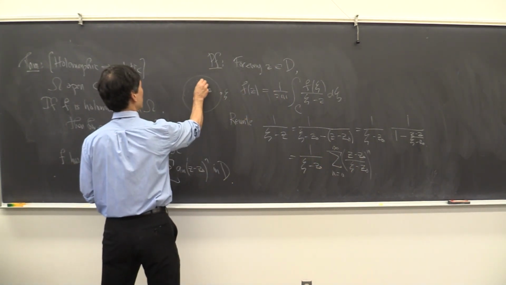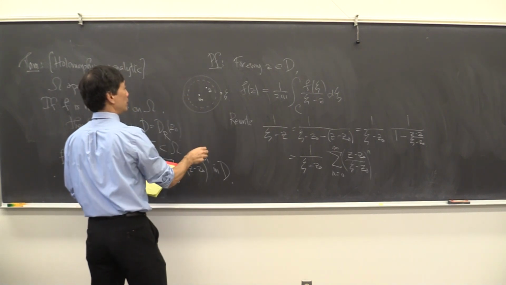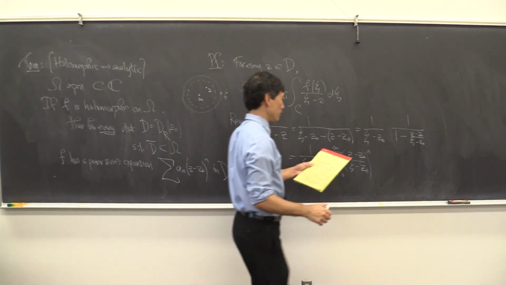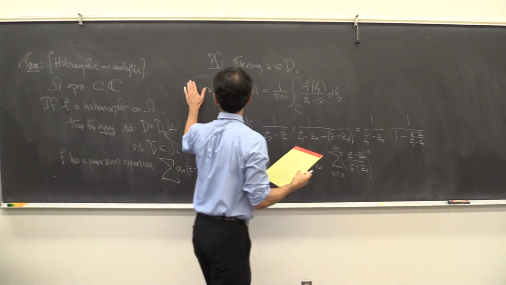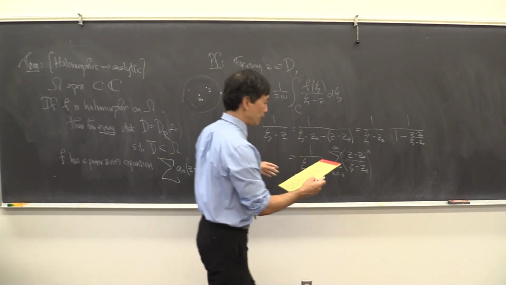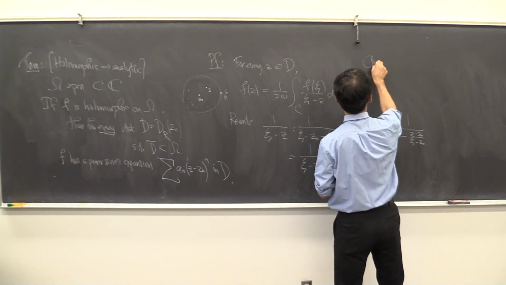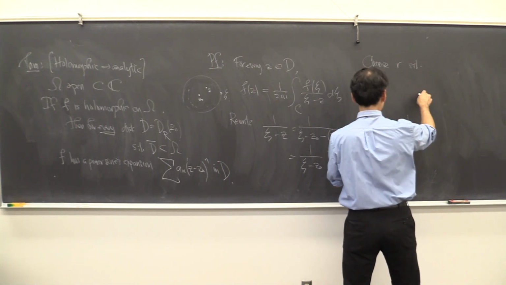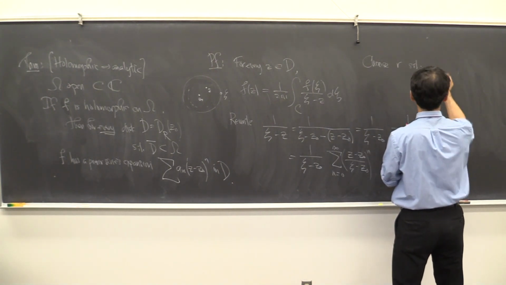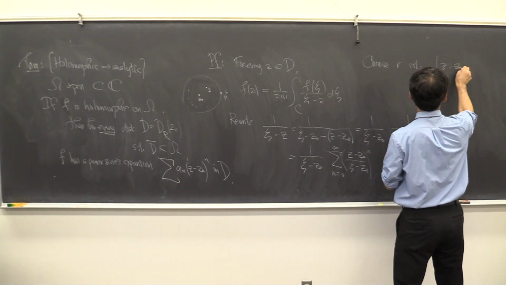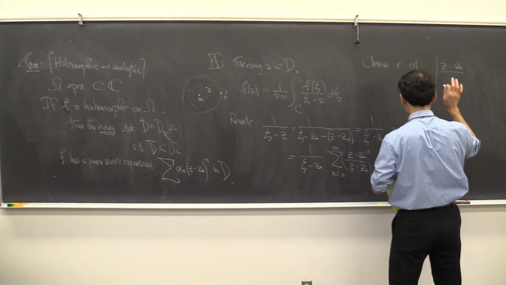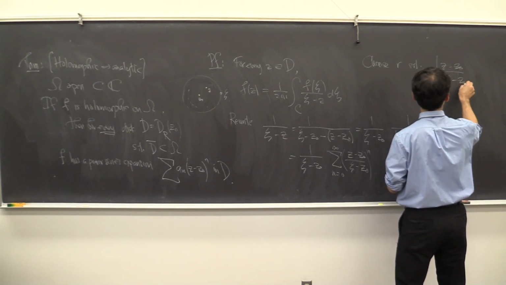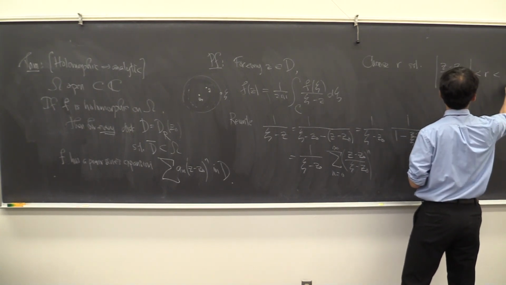So we choose an R such that the absolute value of (z minus z naught) over (zeta minus z naught) is less than R, which is less than 1.